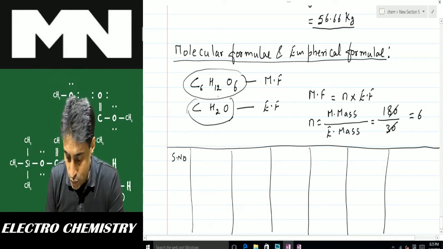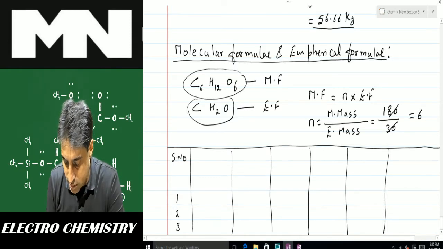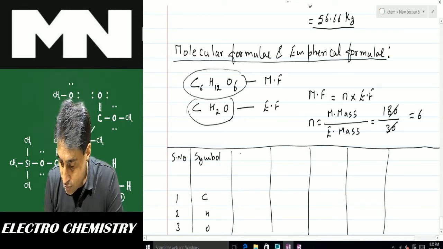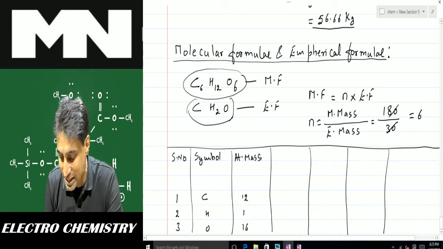Suppose I am talking about glucose. I have got 3 elements, so 1, 2 and 3. The second one is the symbol of the element, that is carbon, hydrogen and oxygen. The third one is their atomic mass. For carbon it is 12, for hydrogen it is 1, for oxygen it is 16.